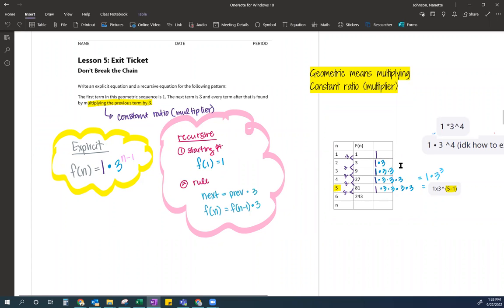right? So over here, it would say 1 times 3 to the 1 minus 1, right? And if I calculate that, right, 1 minus 1 is 0, right? So that's 1 times 3 to the 0. Oops, not 6, 0, right? And if you remember, do you guys remember what 3 to the 0 is?